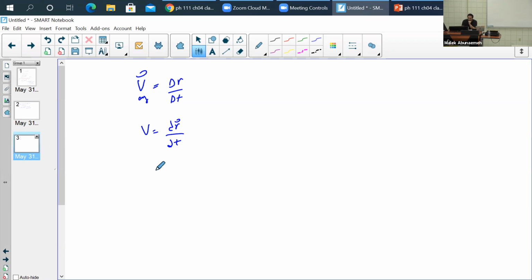Well, again, we defined r as x in the i direction plus y in the j direction plus z in the k direction.